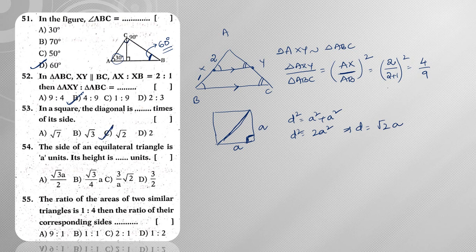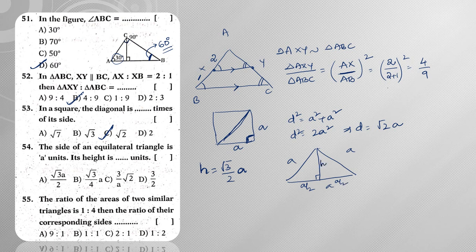Next, the side of an equilateral triangle is A. Its height is... The height of an equilateral triangle is given by H is equal to root 3 by 2 times A. This can also be obtained by using the concept of the Pythagoras theorem. Let me show you. This is my equilateral triangle whose sides are all A. Now if I drop a perpendicular, this will be the height and this will bisect the base into two equal parts.